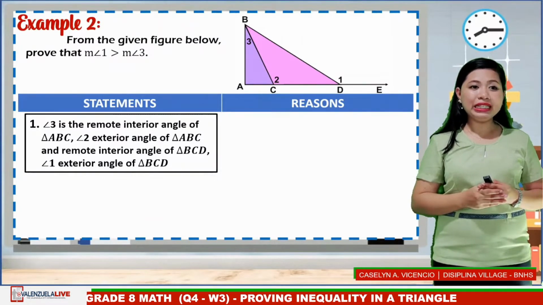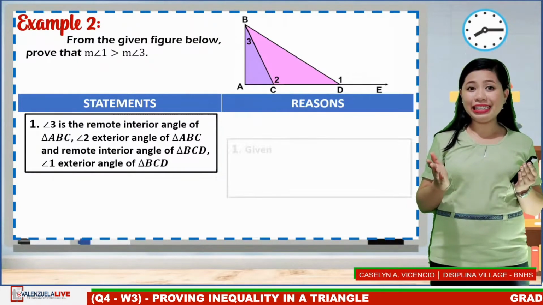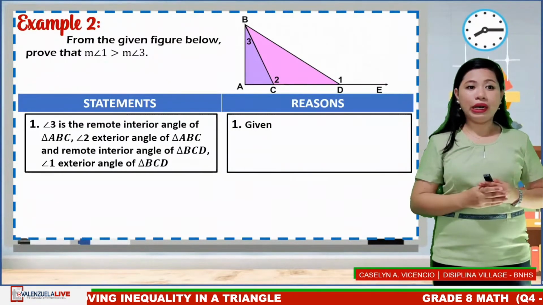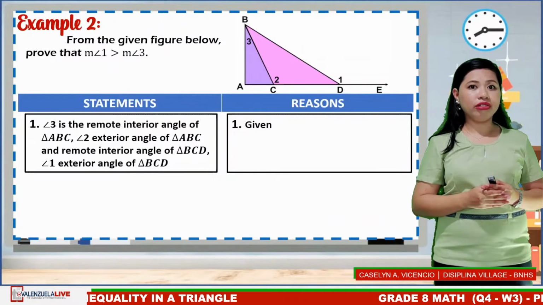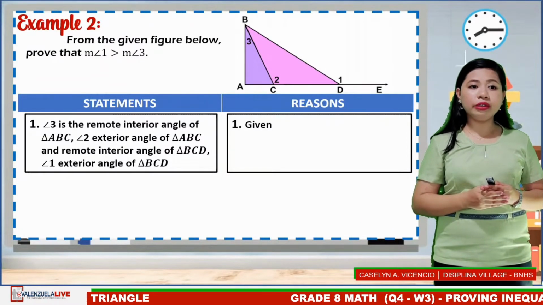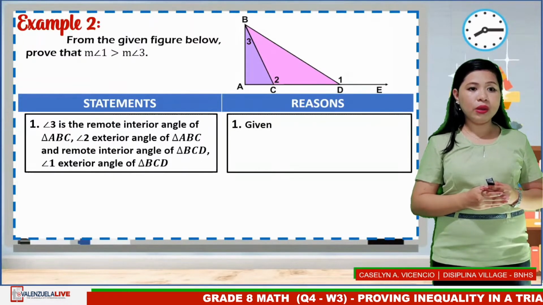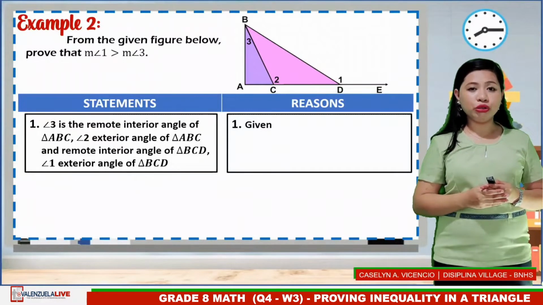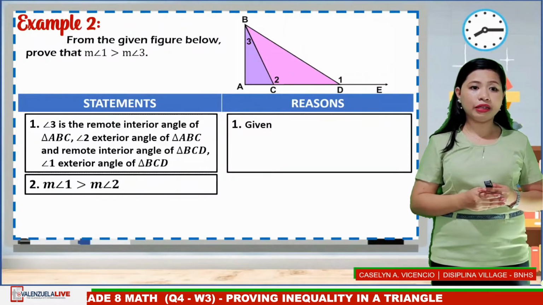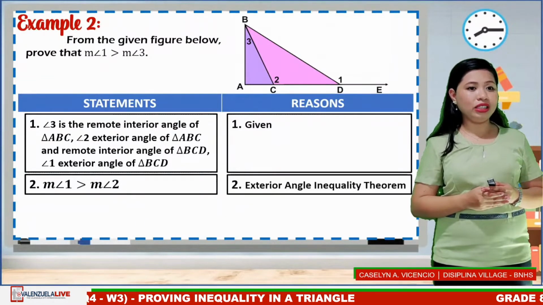Angle 1 is the exterior angle of triangle BCD, and the reason is given. Since angle 1 is the exterior angle of triangle BCD, and angle 2 is the remote interior angle of triangle BCD, we can say that the measure of angle 1 is greater than the measure of angle 2 because of the exterior angle inequality theorem.